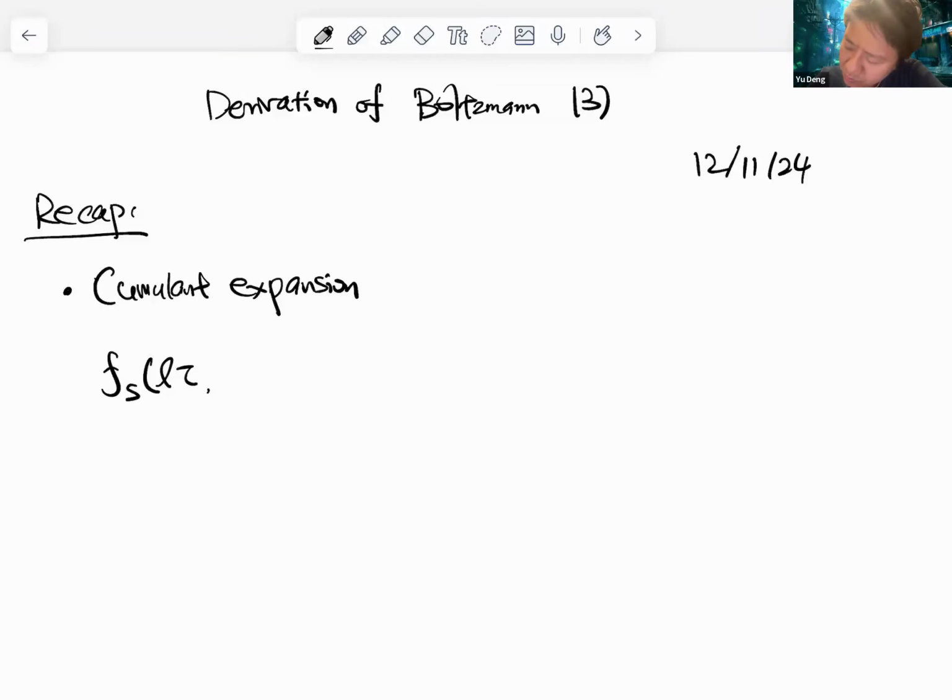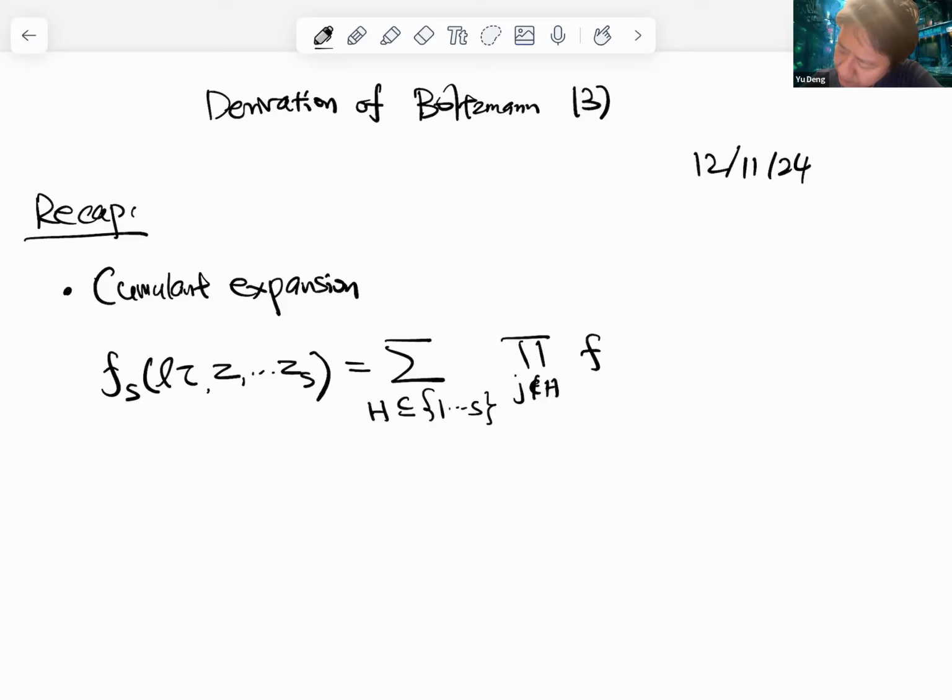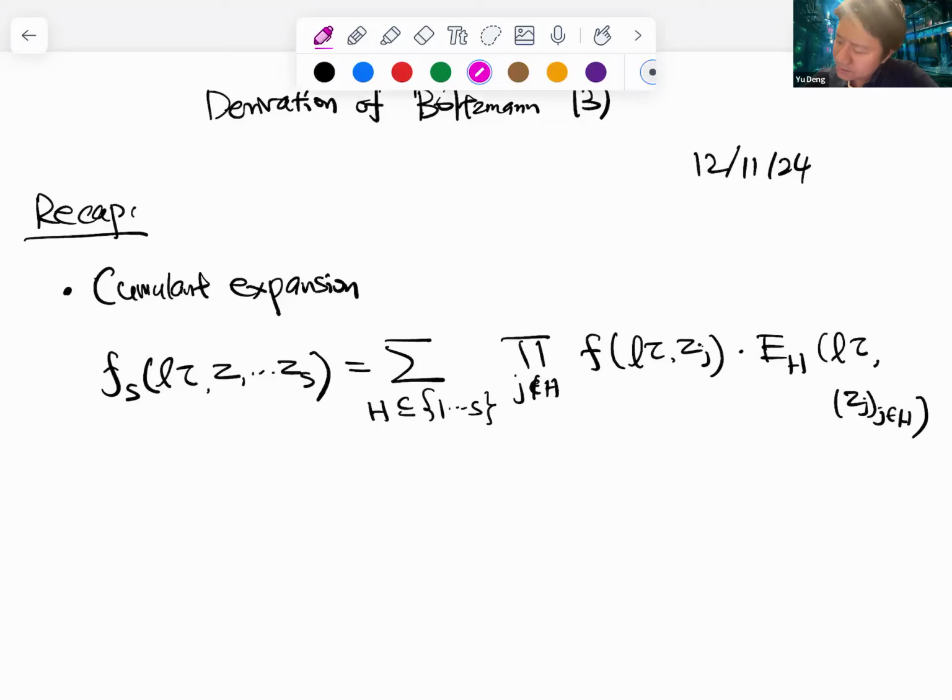So let's say Z1 to ZS is a sum. Okay, so this is the tensor part, the factorized part.